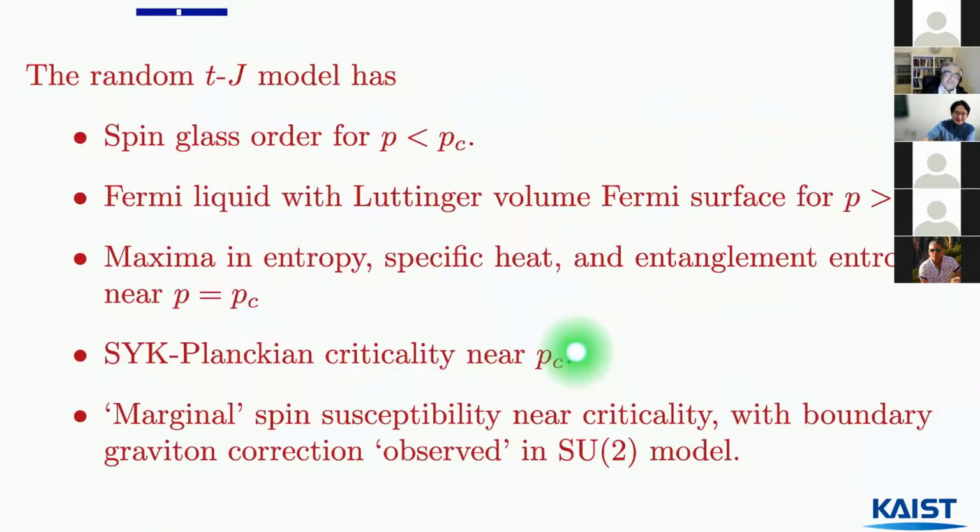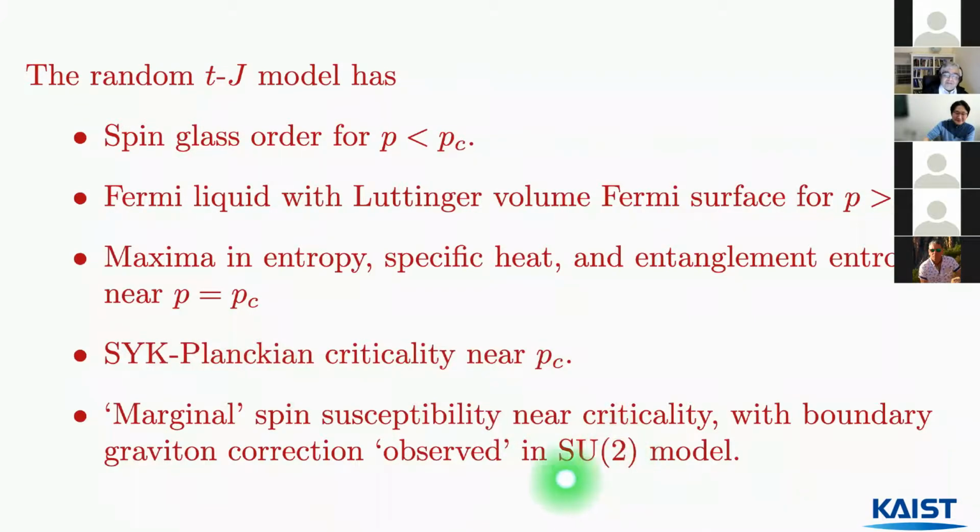All right, so that's a summary of the results of this numerical work. The random TJ model has spin glass order for p less than pc. It's a Fermi liquid with a Luttinger volume Fermi surface for p greater than pc. Maximum in entropy, specific heat, and entanglement entropy near p equals pc. And in the numerics, pretty good evidence for this kind of Planckian behavior near pc.